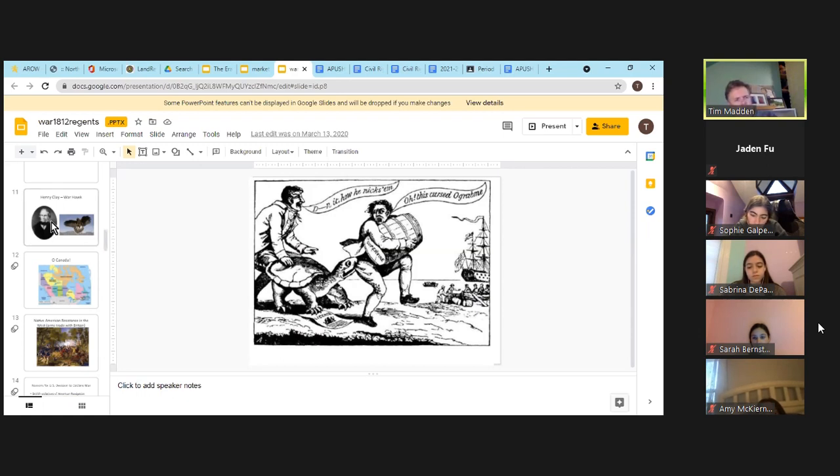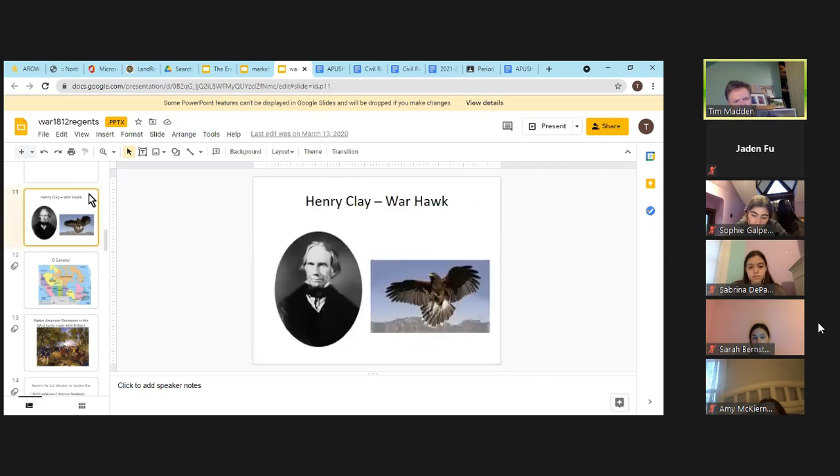And so you had a group of young congressmen, led by Henry Clay. John C. Calhoun was another one, and Felix Grundy, a congressman from Tennessee. They were from the South and West, and they weren't really impacted by the British restrictions on American shipping.